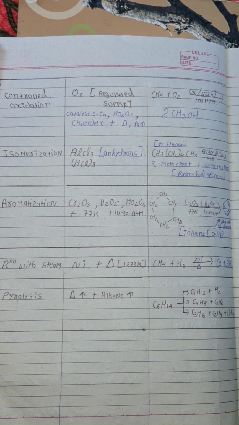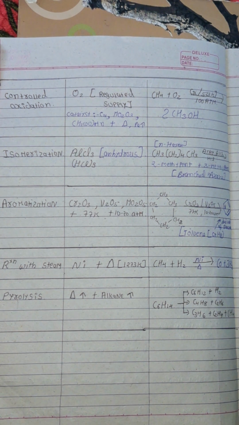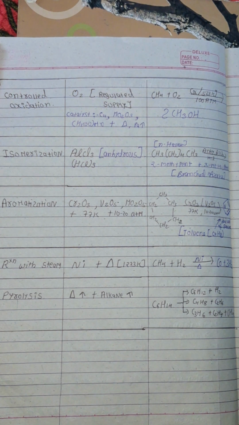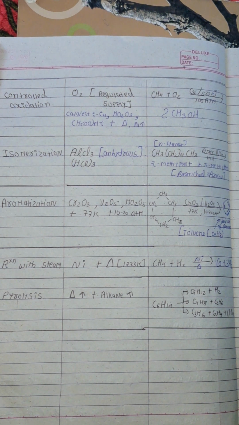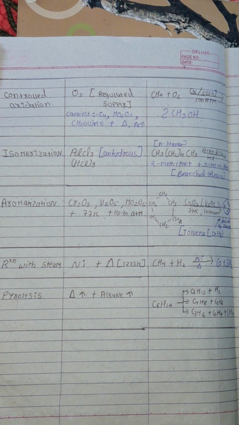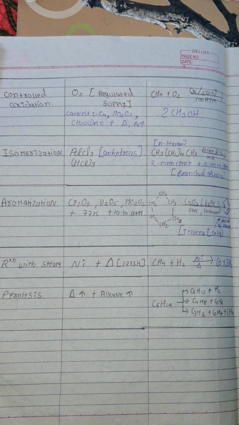When n-hexane, where n means straight chain, reacts with anhydrous aluminum chloride and hydrochloric gas, we get branched alkanes, meaning 2-methylpentane and 3-methylpentane.